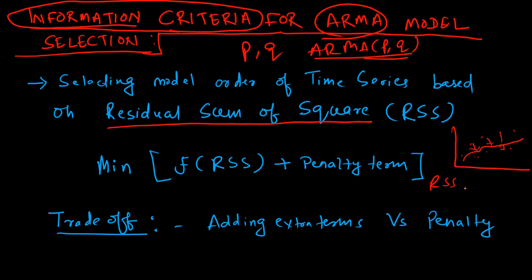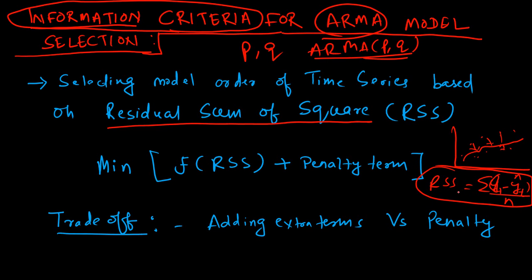So RSS, residual sum of square, is nothing but the summation of your actual term yt minus the estimated term, y hat t, and then you can also divide it by the number of observations. That's just some sort of normalization, and we call that the residual sum of square.